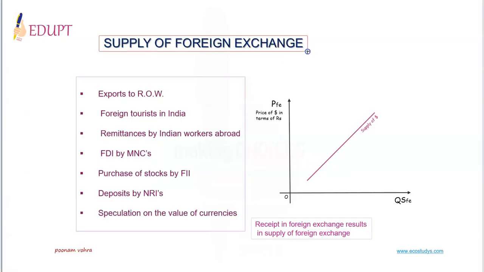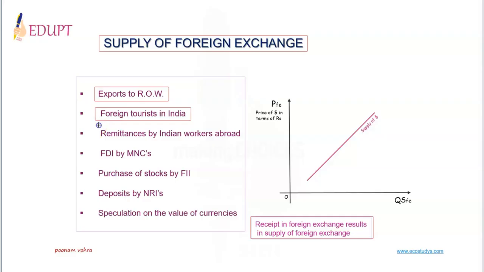Supply of foreign exchange. One must understand that receipt in foreign exchange results in supply of foreign exchange. And receipt in foreign exchange is when exports of goods and services take place to rest of the world. When foreign tourists spend foreign exchange in India.